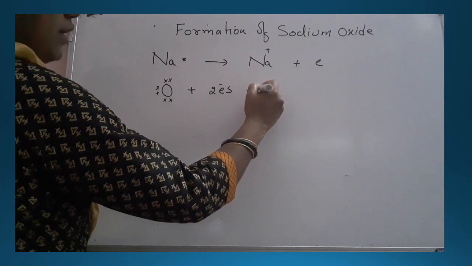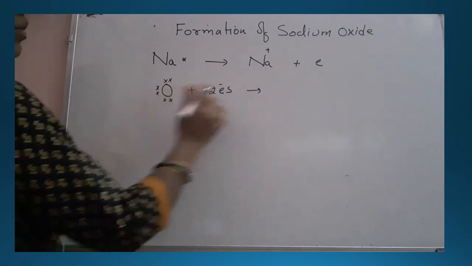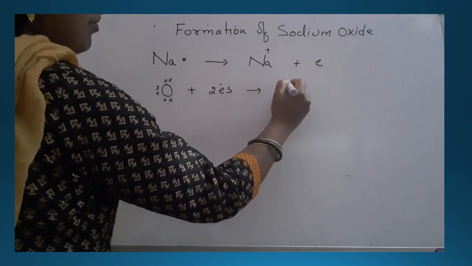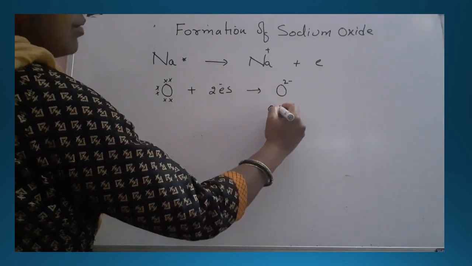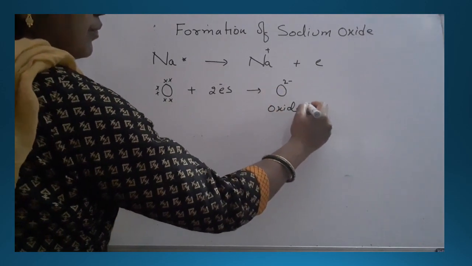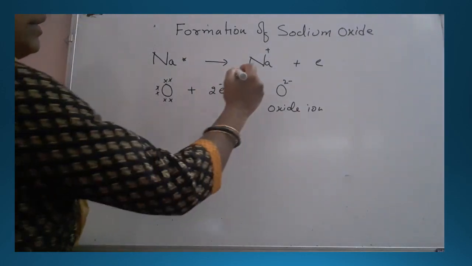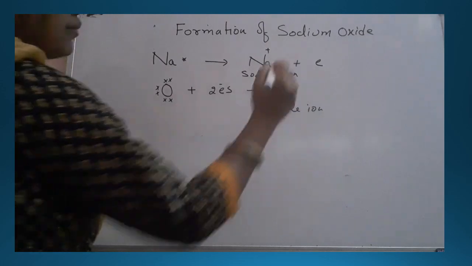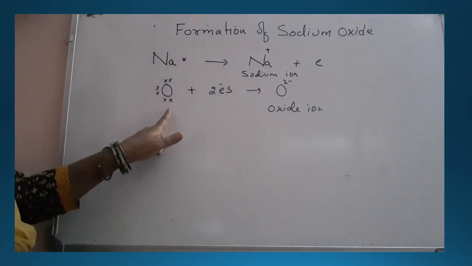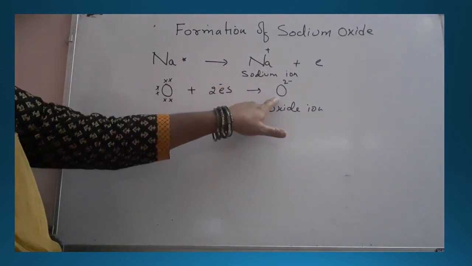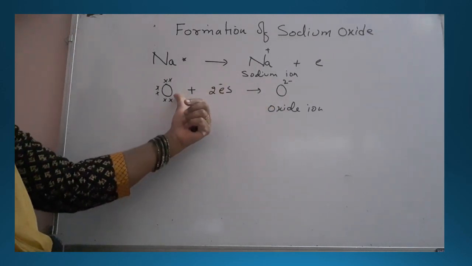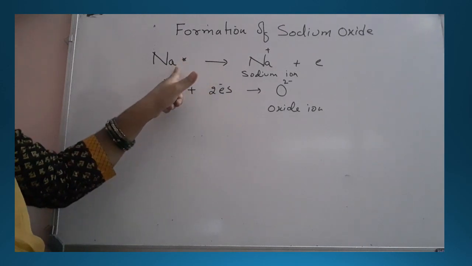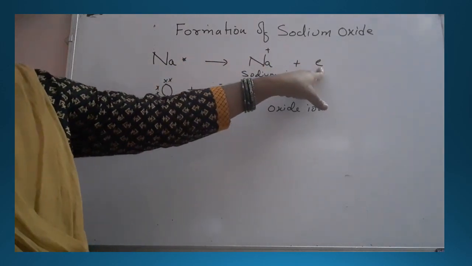So with the gain of these 2 electrons, the oxygen atom can form O2 minus ion, known as oxide ion. Here it is sodium ion and oxide ion. For the formation of one oxide ion, one oxygen atom requires 2 electrons, but a sodium atom can give only 1 electron.